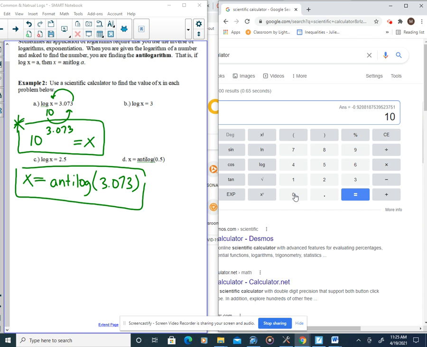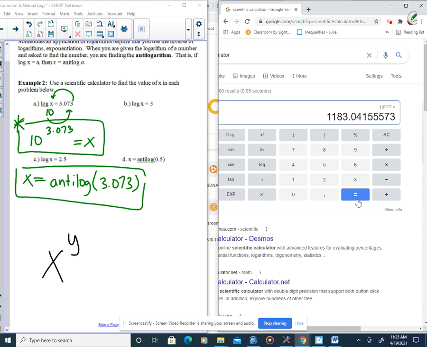And what do we want to do with 10? We want to raise it to the 3.073 power. So I'm going to use this button right here, the x to the y power. I believe this will be the button that I use. So if I click on that button, see what happens. That makes it a little exponent. Now I'm just going to type in 3.073, and then it equals. And there's our answer.